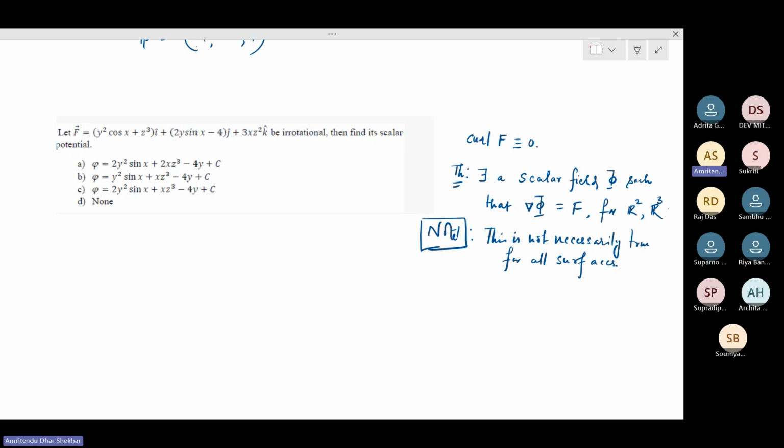The reason it's not true for all surfaces is a very deep reason. It's related to the topology of the surface, which I will not be able to discuss.